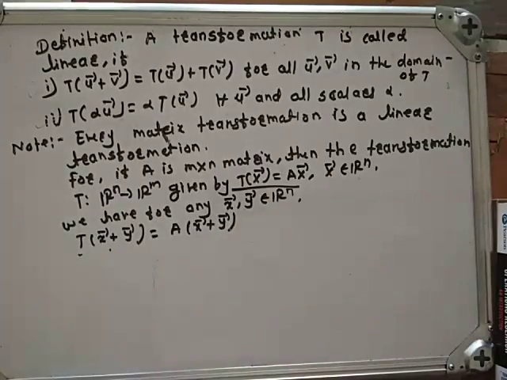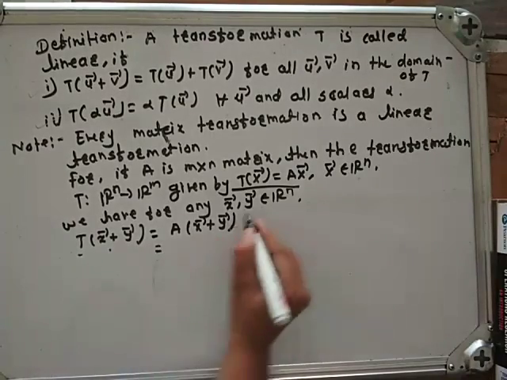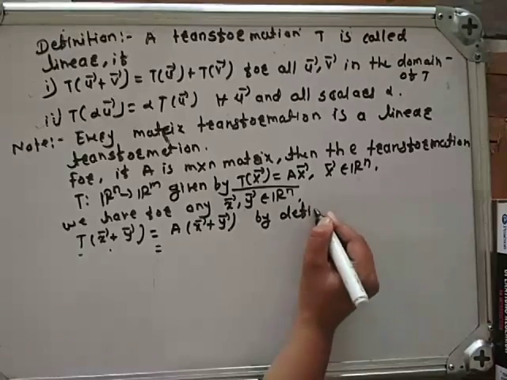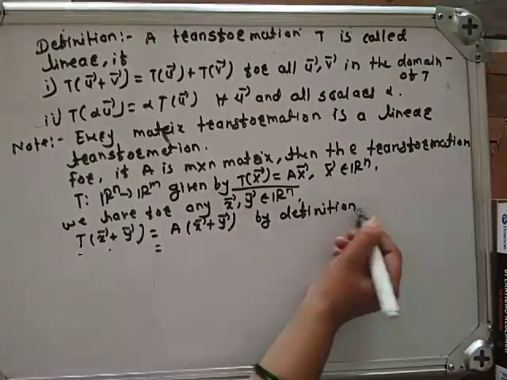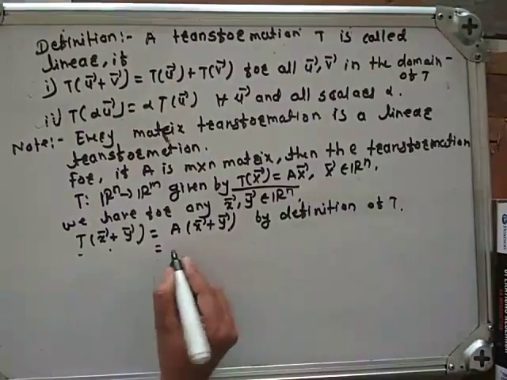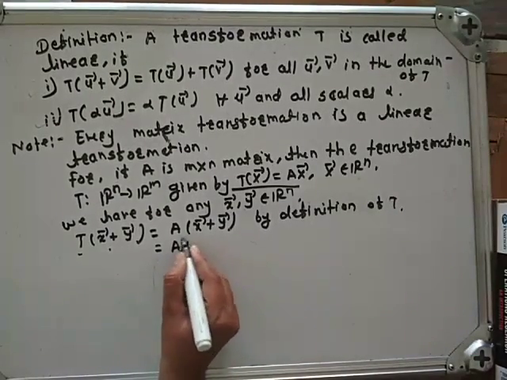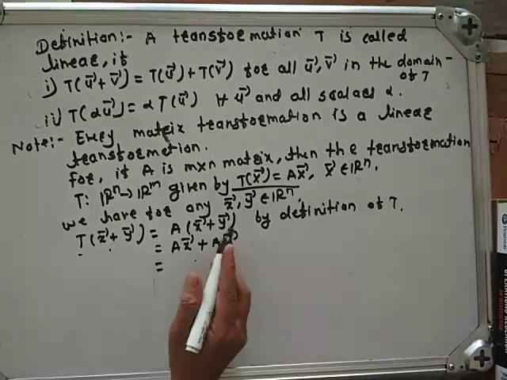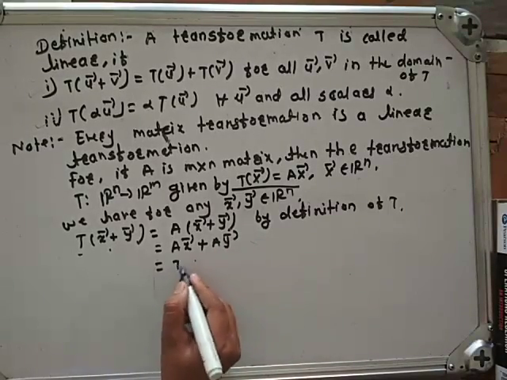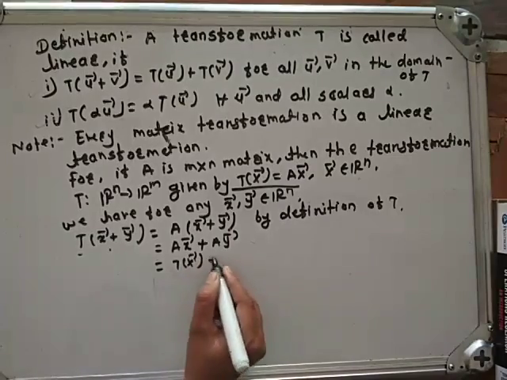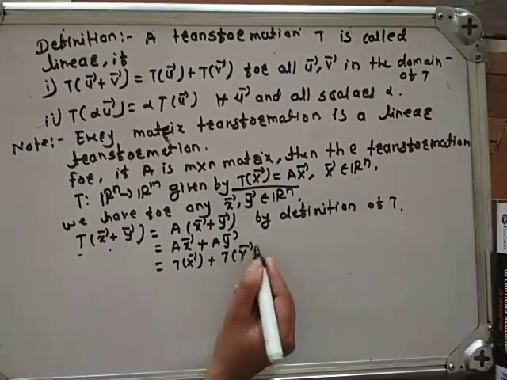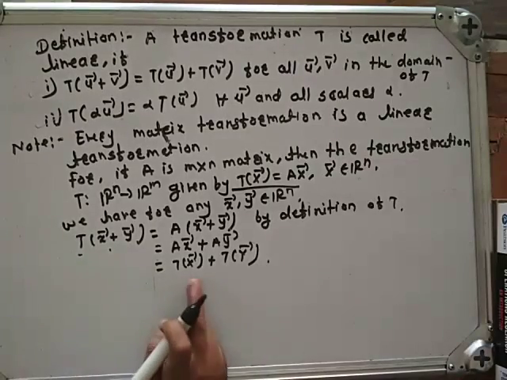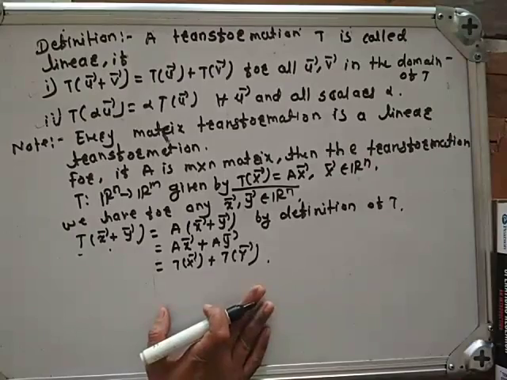By definition of T, which is equals to, here you can give reason, by definition of T. Okay. This can be written as A into x bar plus A into y bar. Use again definition of T. Here is T of x bar plus T of y bar. Okay. So we will get T of x bar plus y bar is equal to T of x bar plus T of y bar. Okay.